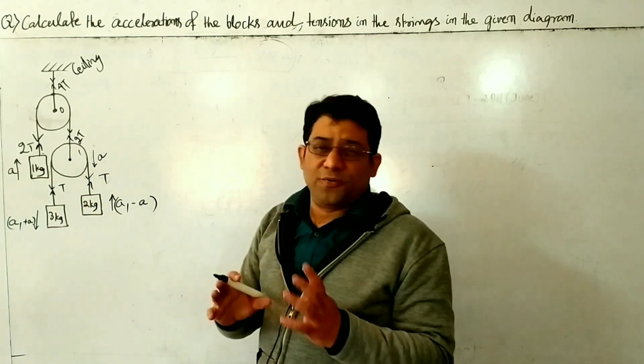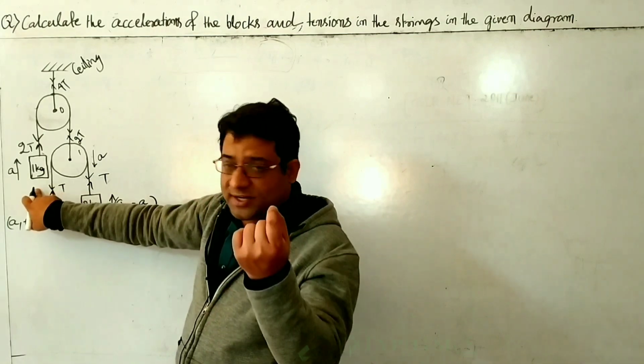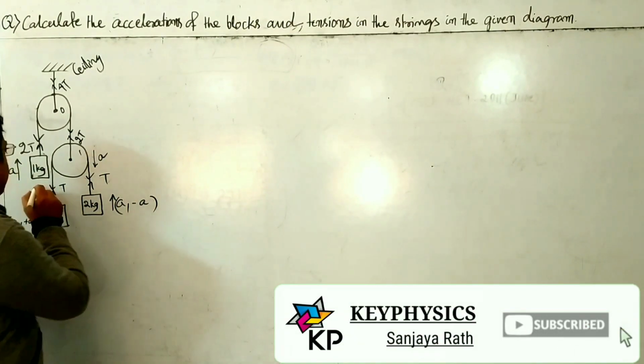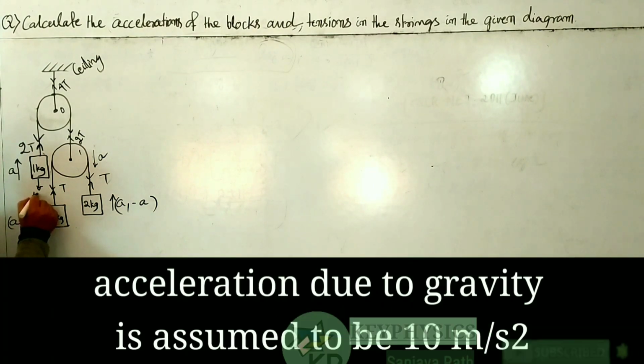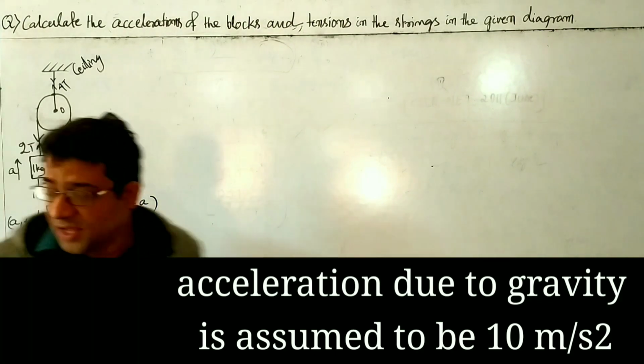I hope all of you understand free body diagrams and all. You imagine it in the mind, 1 kg is one dot. So downwards, what forces are there? mg. So 10 Newton force is downwards, this is 3g, 30 Newton force is downwards, and this is 2g, 20 Newton force is downwards. Fine.